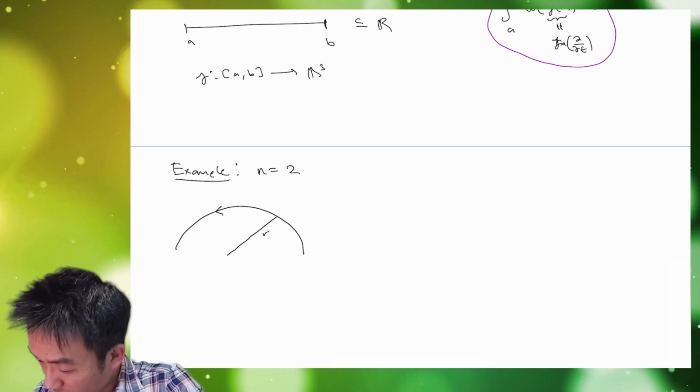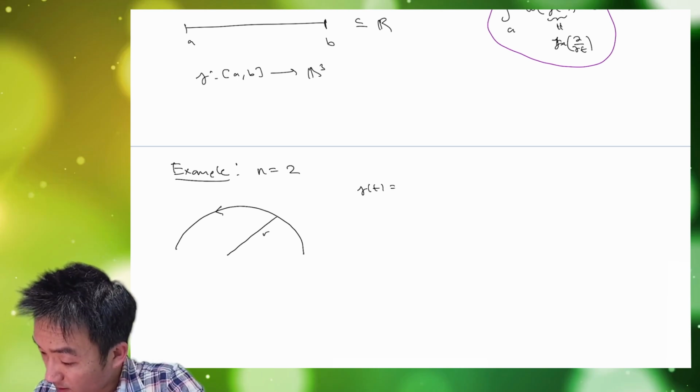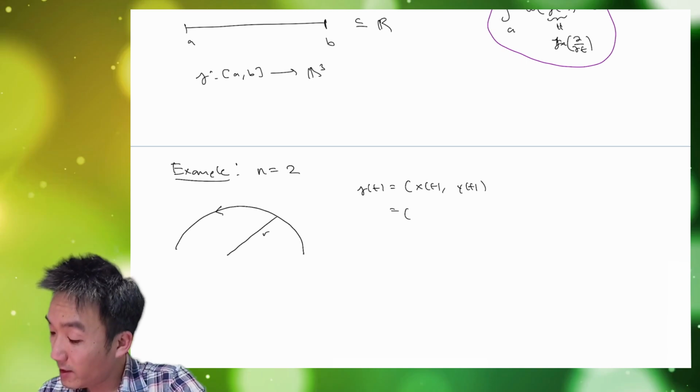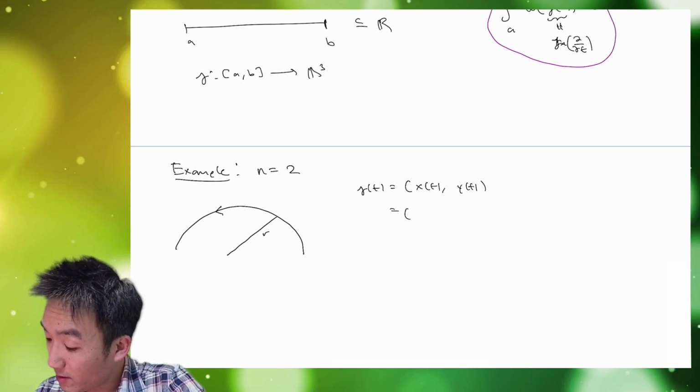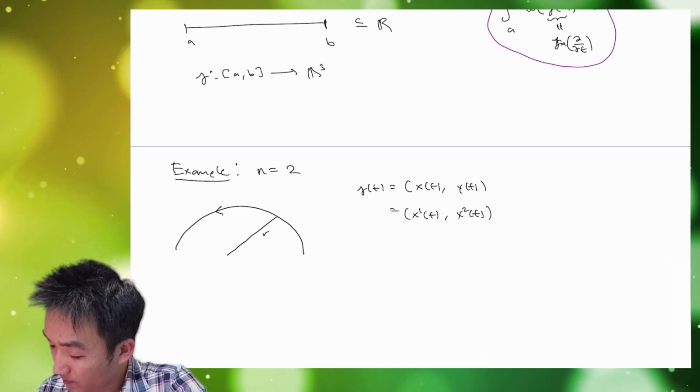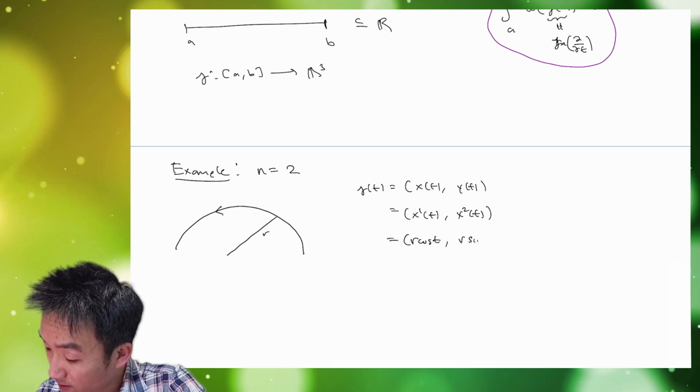Okay, so gamma of t is x of t, y of t, but in our index notation, let's call it x1 and x2 of t, and that's given by r cosine t and r sine t, right?